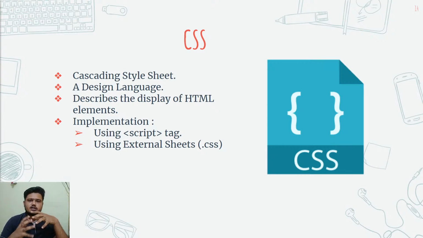So this was the scenario which made our community come up with a new technology, which is CSS. So now we have come up with CSS, right? But again, there were some limitations with CSS. That's why we came up with the next thing, that is the frameworks for CSS.